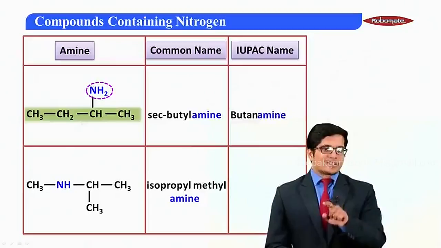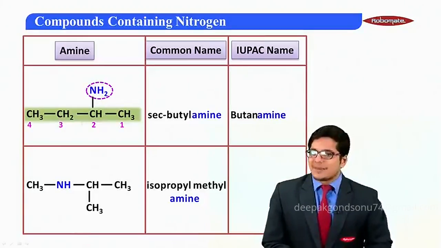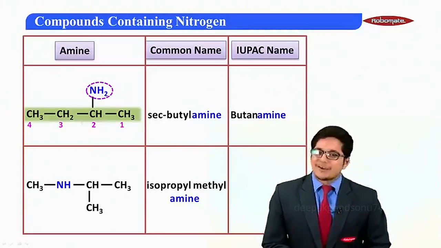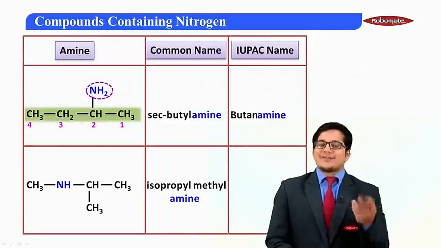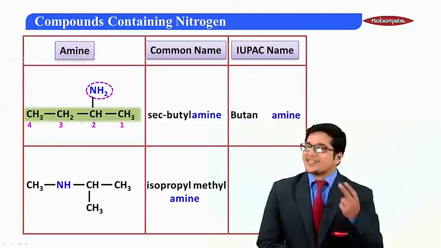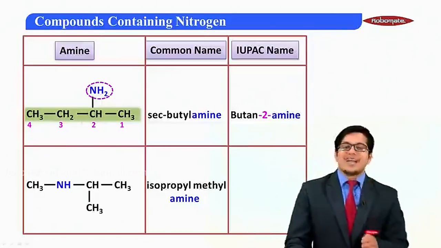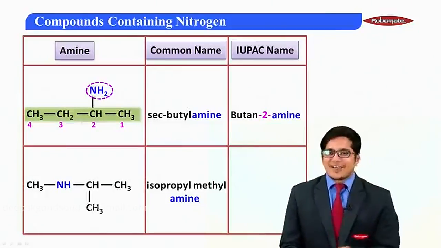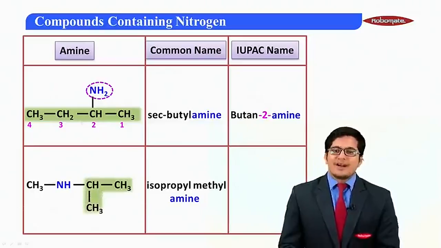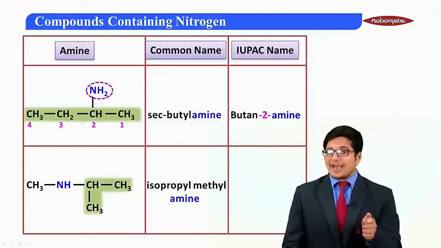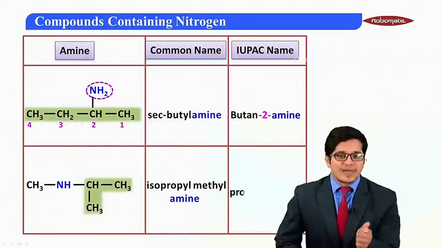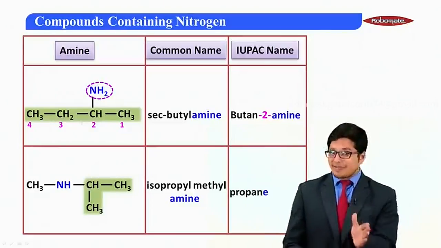But now remember students, you need to number the carbon atoms. So now, the amino group is present on which carbon atom? It is on the second carbon atom. So you will get butan-2-amine as the IUPAC name. Let's try for the second one. You have groups that are isopropyl and methyl. So isopropyl would be your parent, that is propane.